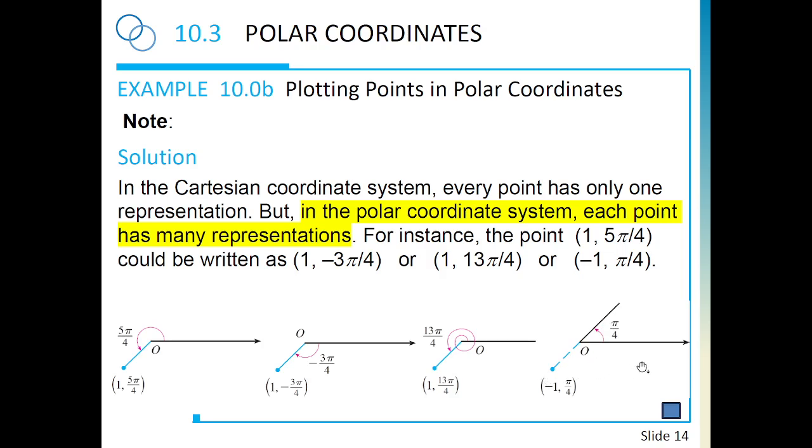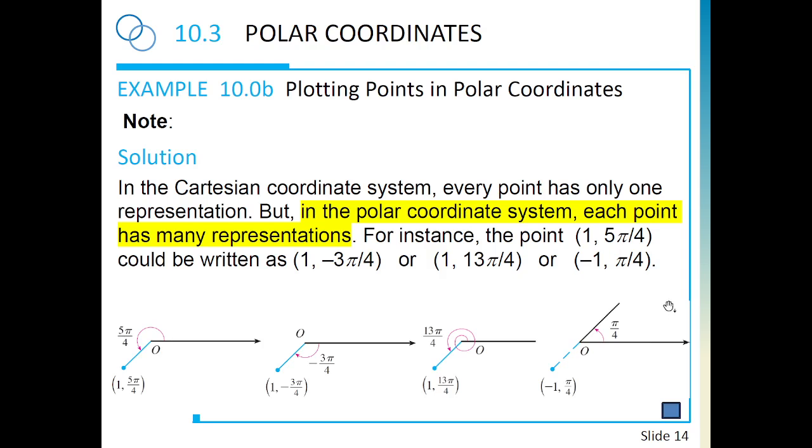So we realize that we have several ways of creating notation for the same point. We can keep the same r, add 2 pi or subtract 2 pi, and we get the same point. Another option is put negative in front of the distance r, and then add or subtract pi from the original angle, simply.